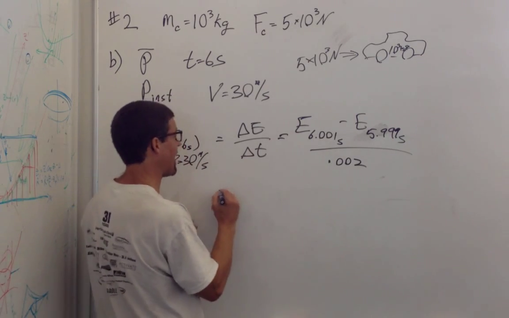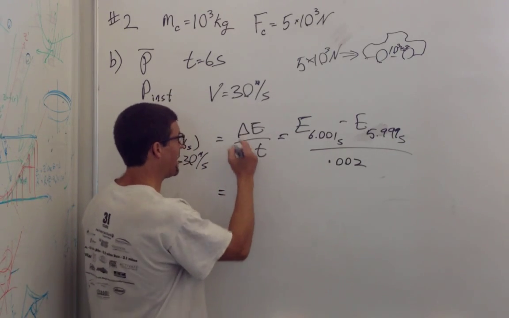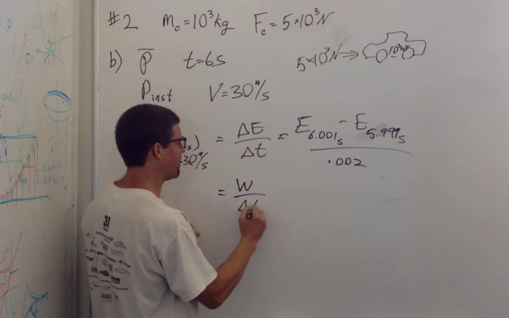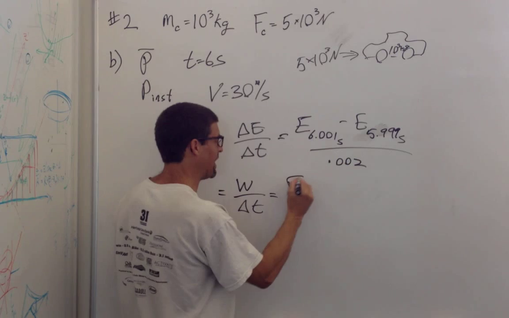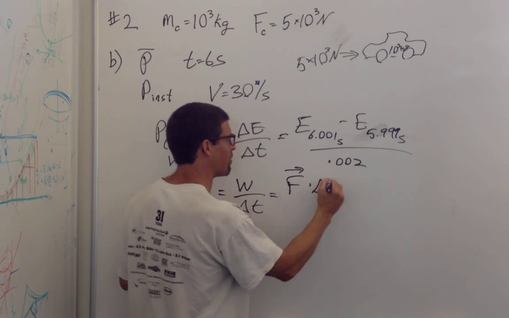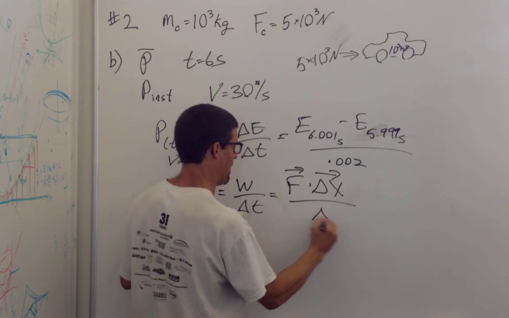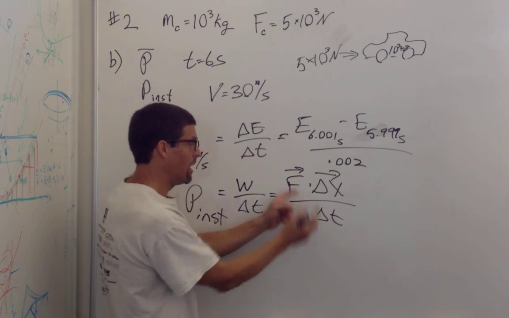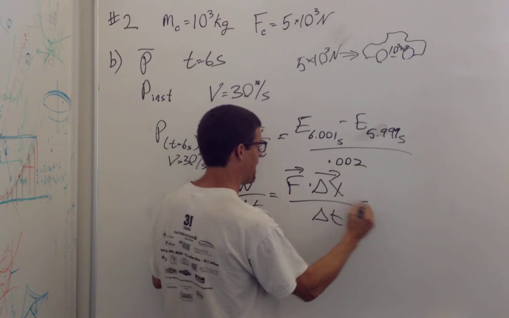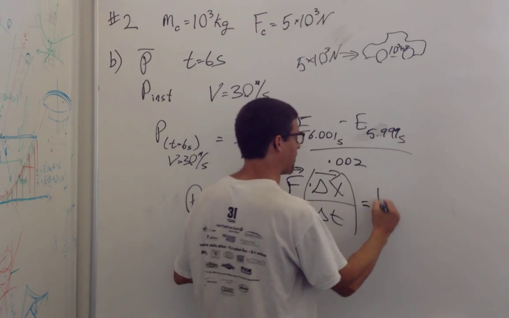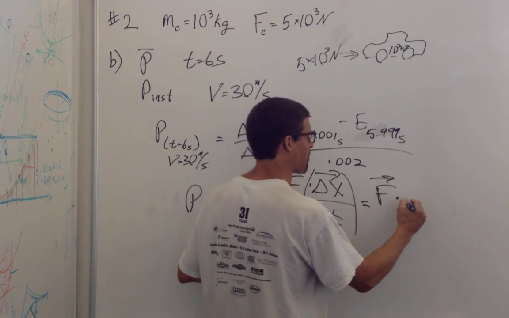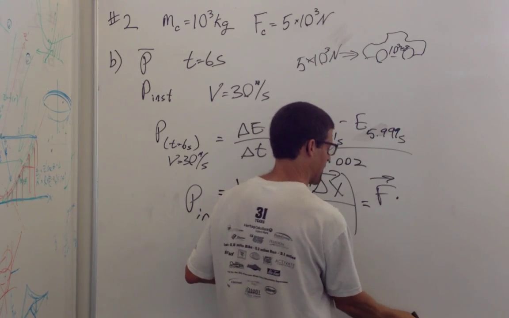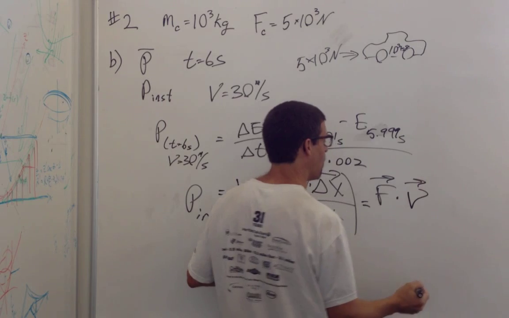Or I could just recognize, we remember the formula is, change in energy is work done over change in time. We remember that work is a dot product of force and displacement, and power is that work divided by time, so we can take this and see that's velocity. So power is the dot product of force times velocity at that moment.